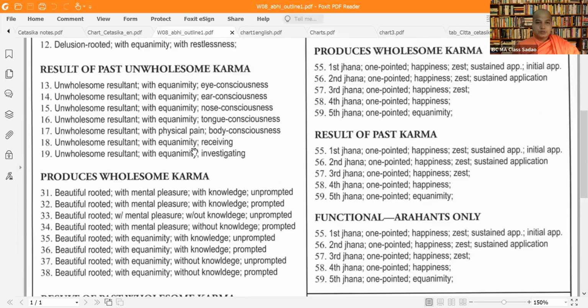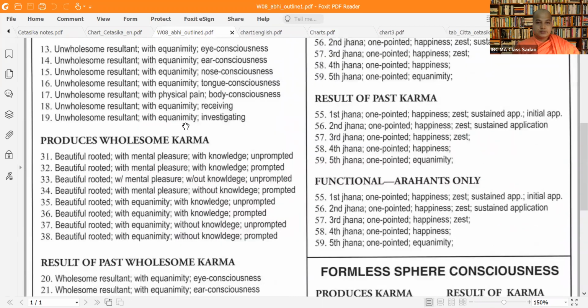Yeah, so in this consciousness, it is not present. Unwholesome resultant with equanimity, receiving consciousness, and this investigating consciousness.